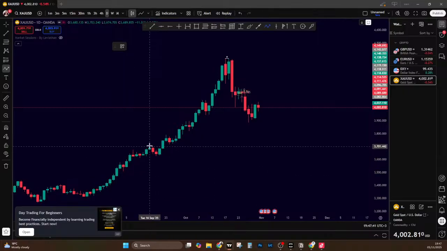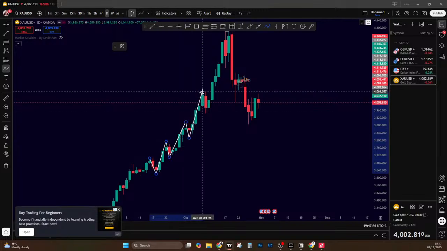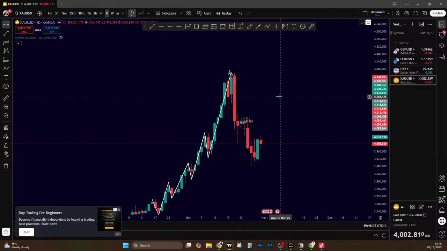XAUUSD. So let us start from here. This is higher high, higher low, higher high, higher low, higher high, higher low, higher high, higher low, and then we have a higher high.